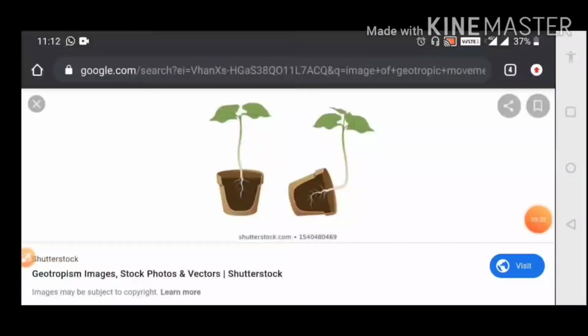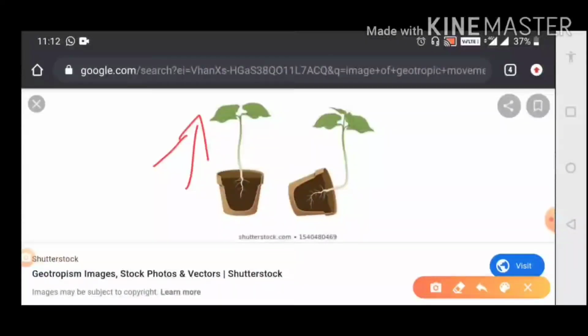Okay, try out this next image. In this image, first a tub had a plant grown in it, and that plant was standing erect, right? After that, if we turn the tub horizontally like this and keep it for some days, then we can break the tub a little bit and find out what is happening inside.